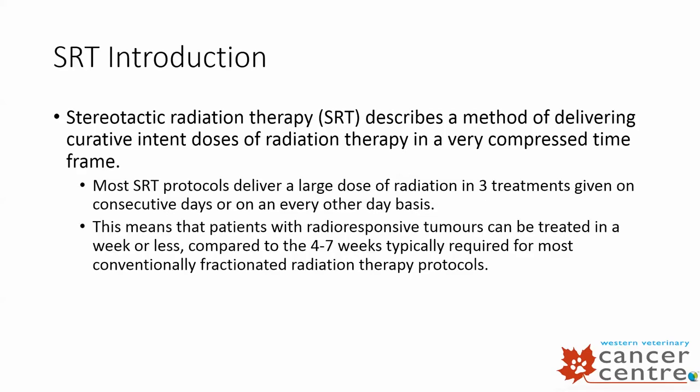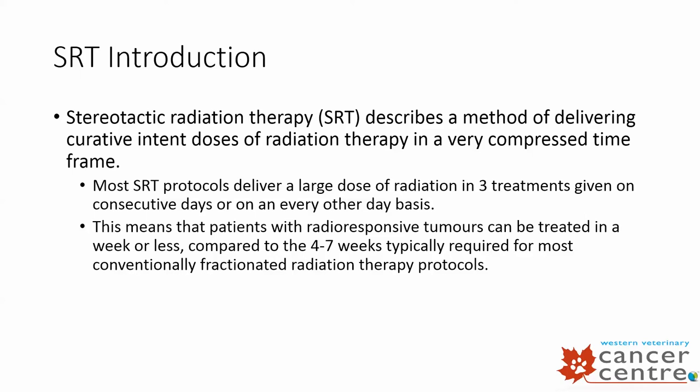So there's lots of different terminology out there for stereotactic radiation therapy. You'll see terms like SRT, which is what we'll use here. There's SBRT, stereotactic body radiation therapy. There's stereotactic radiosurgery, which purists would say only applies to the brain and only applies to single fraction therapy.